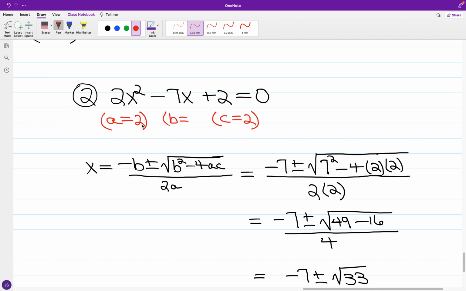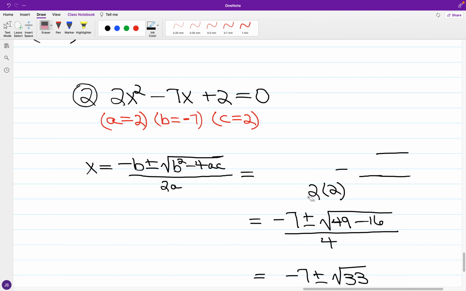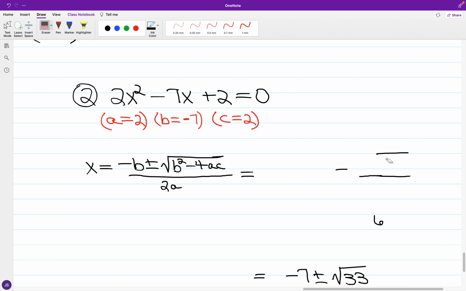So a is still at 2. Since we have 7x to be subtracted, it follows that b is equal to negative 7. And we still have c at positive 2. And reapplying the quadratic formula, this is where you have to be very careful with the sign values.